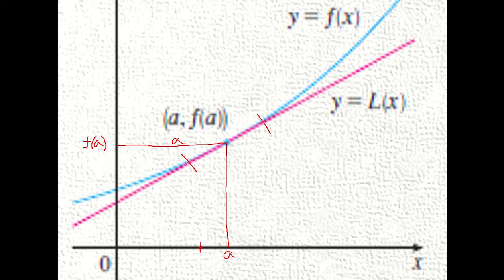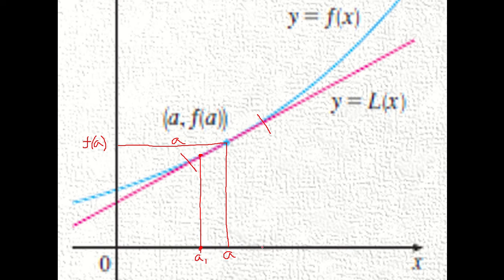Say for example you have here a1. Definitely a1 is less than a, with respect to the origin, and then you're asked to find the value of the function at that point a1.